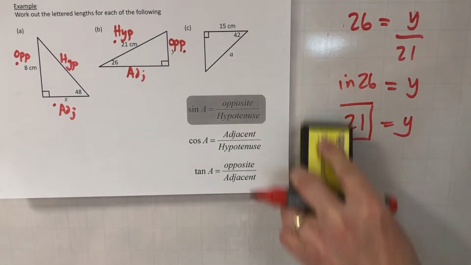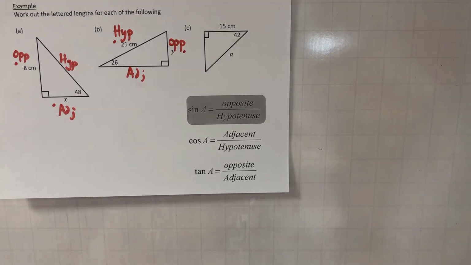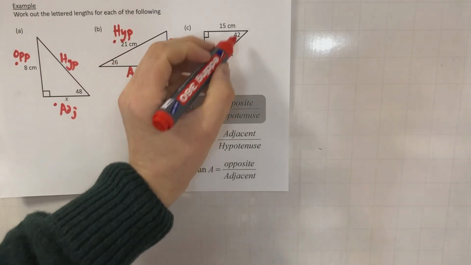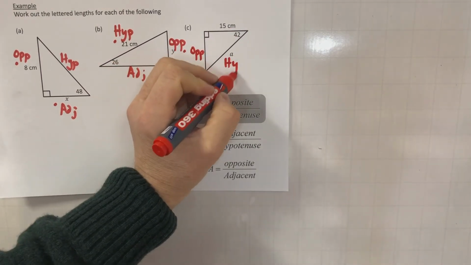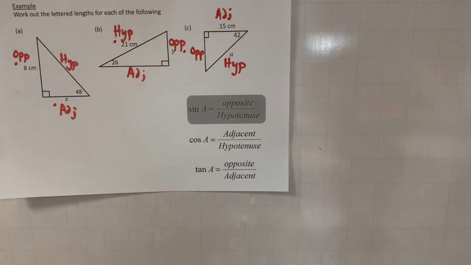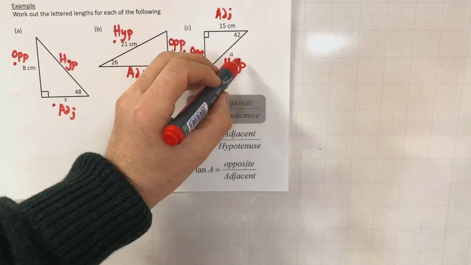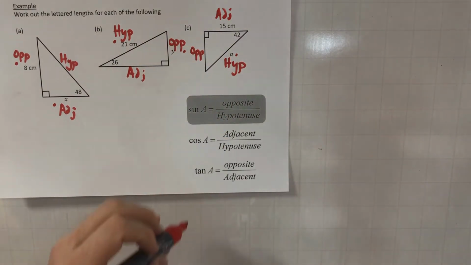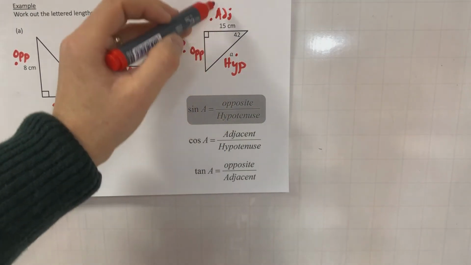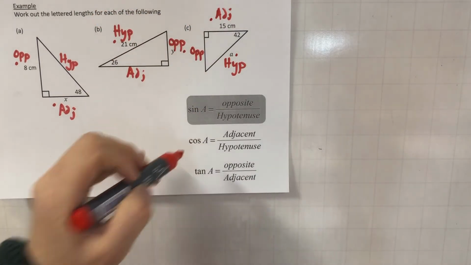Third one. Opposite the angle is over here. The larger side is down here, and that remaining side must be the adjacent. So this time we want that side, and we know that side, and lo and behold, the one that uses them two is cos.